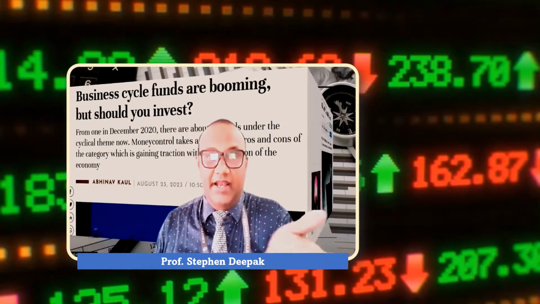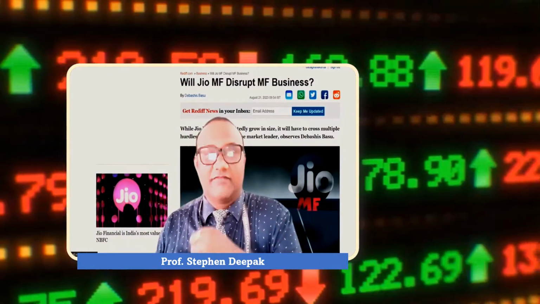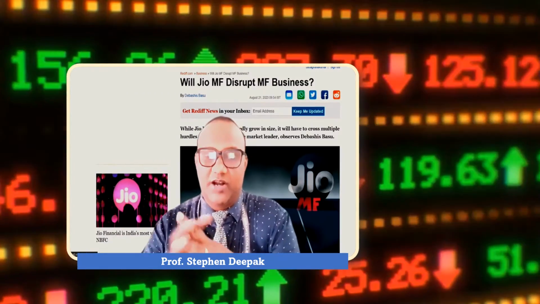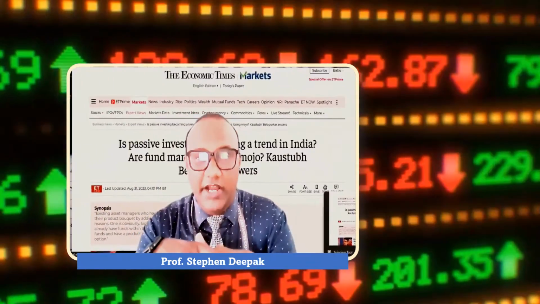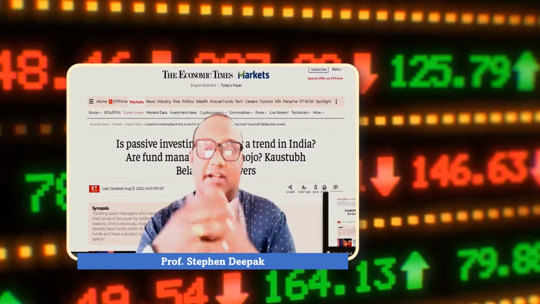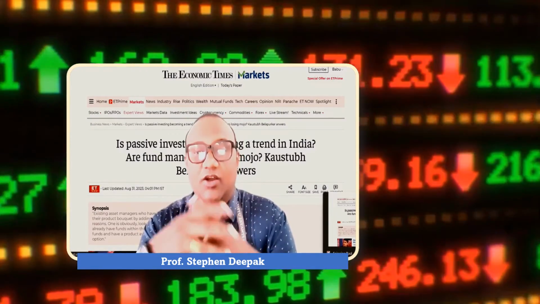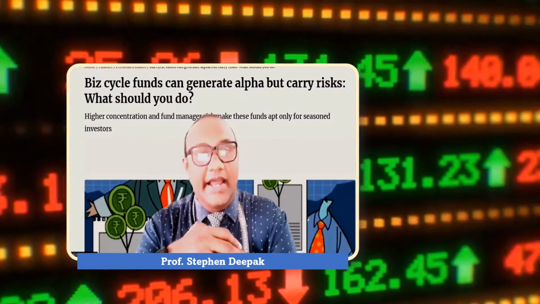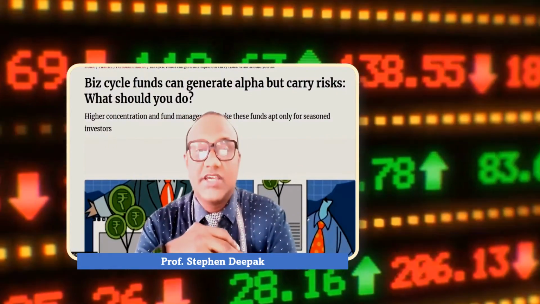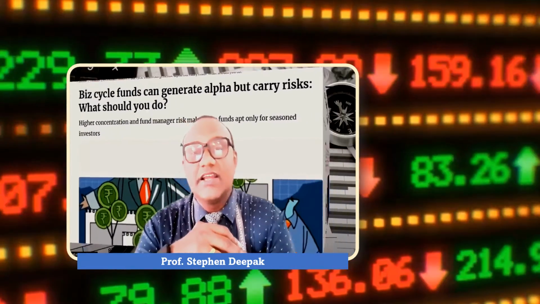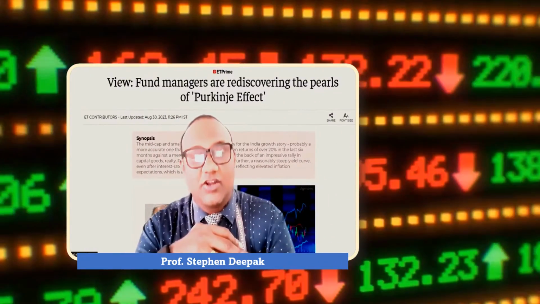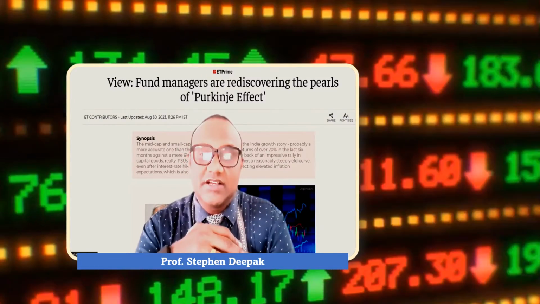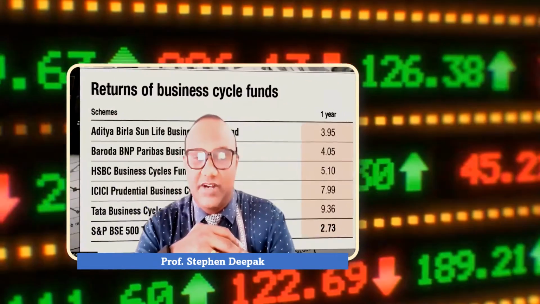It also helps in dynamic allocation of funds, where funds maintain a flexible allocation strategy, and fund managers can adjust their holdings to overweight sectors that are expected to outperform and underweight those that may severely lag. It helps in managing risk by adapting to changing economic conditions, potentially providing more stable returns compared to traditional mutual funds.